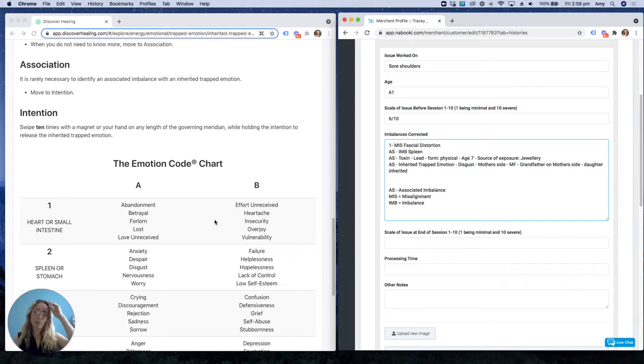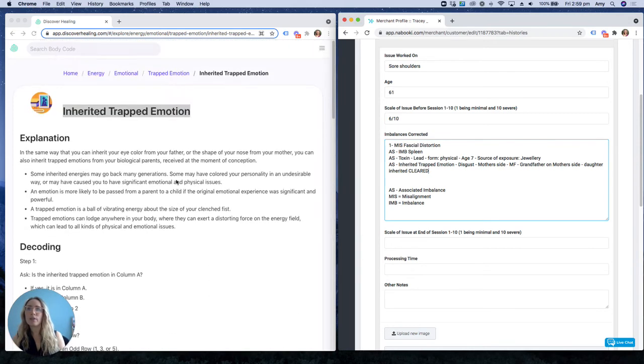And then I just check with my muscle testing to make sure that that one has been released, and it has. So now I'm going to go back up to the toxin.